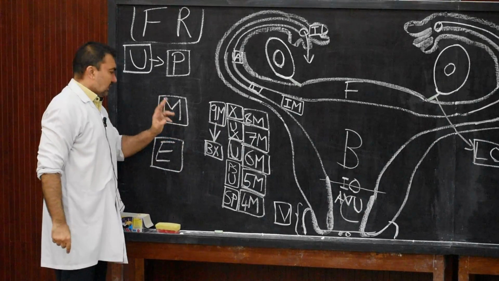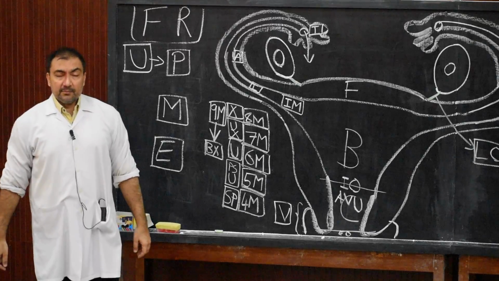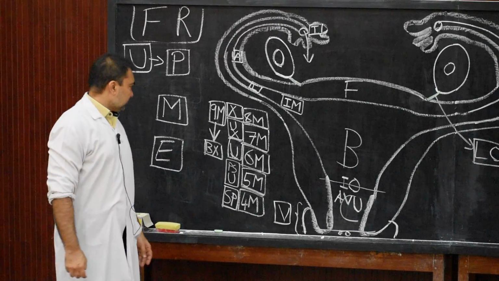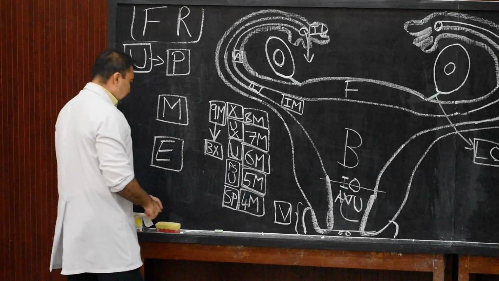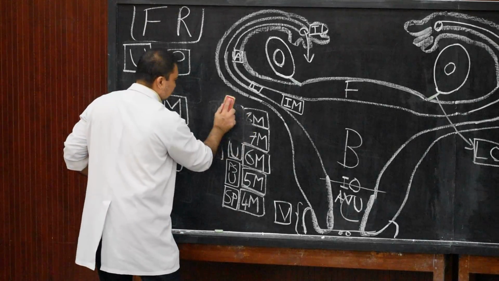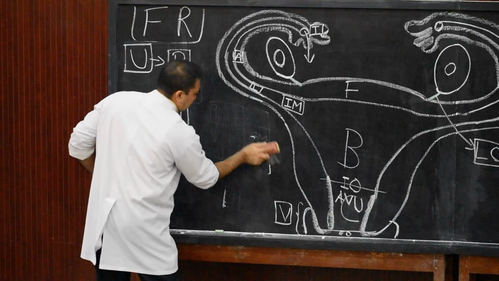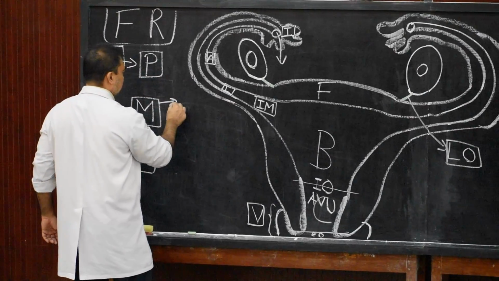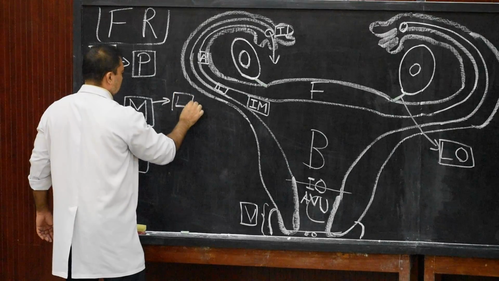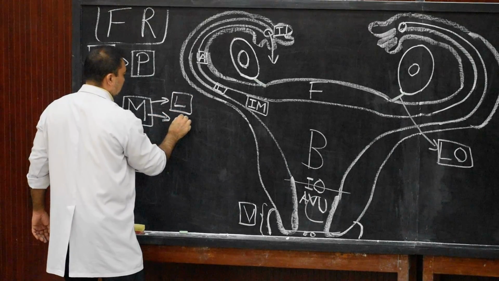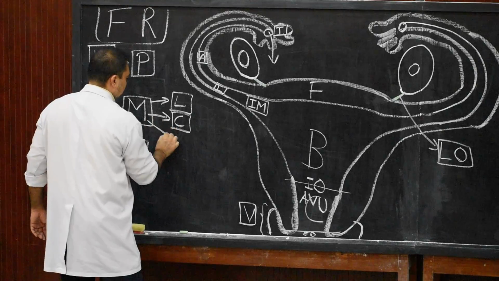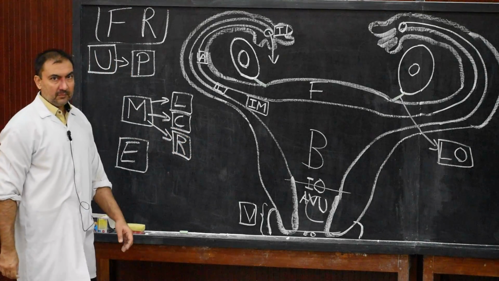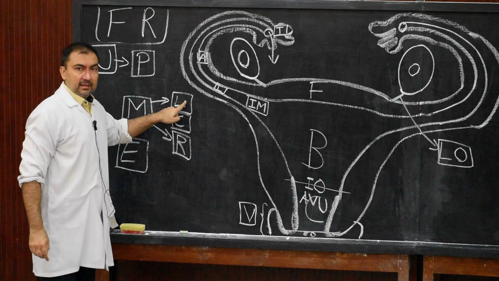Now, if you go inside the perimetrium, we come to the myometrium. These muscle layers are very interesting. They are also very important. These muscle layers are divided into an outer longitudinal, middle circular and inner reticular layer.